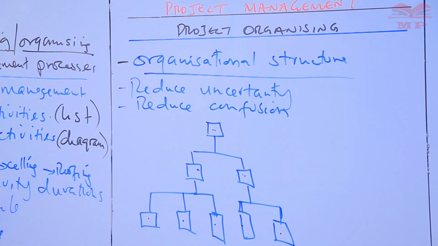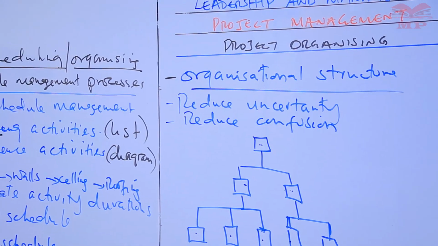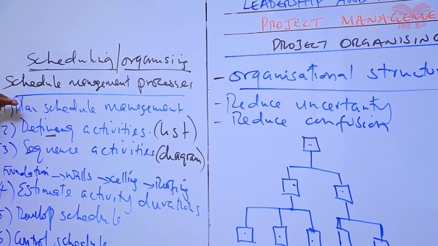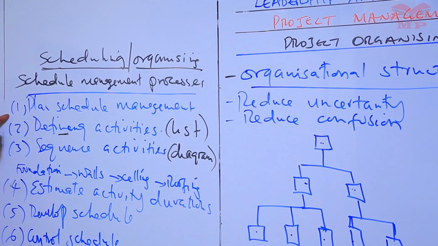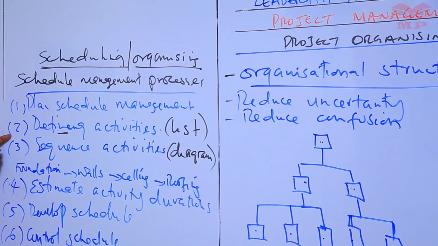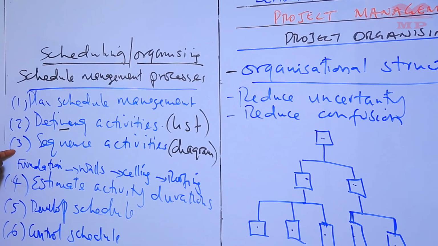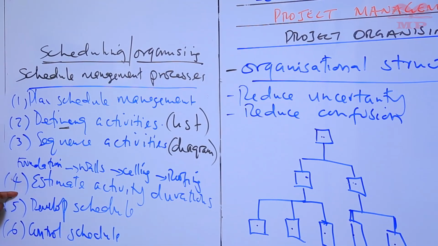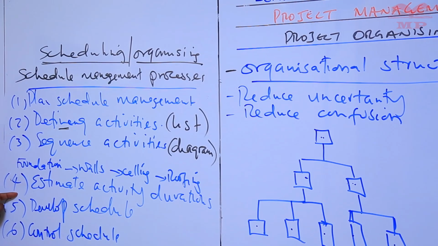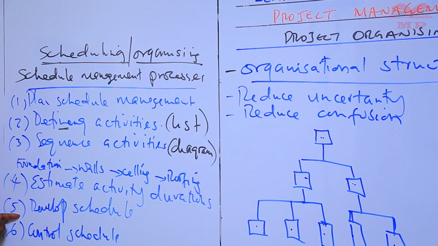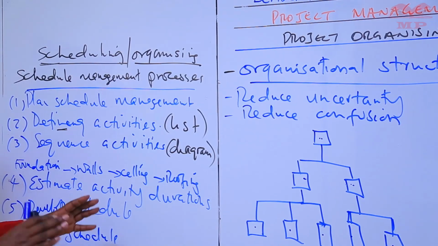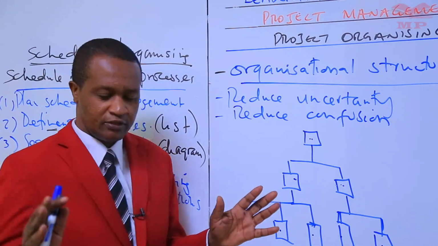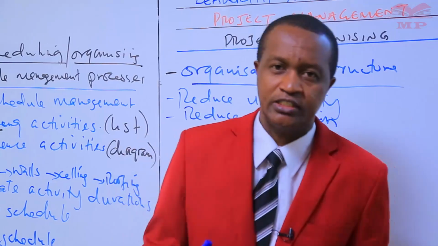We've also detailed the schedule management processes, one of which is plan schedule management. Number 2, defining activities. Number 3, sequencing of activities. Number 4, estimating activity durations. Number 5, developing schedules and controlling schedules. That effectively marks the end of today's lesson.